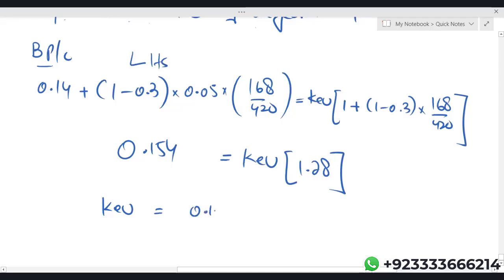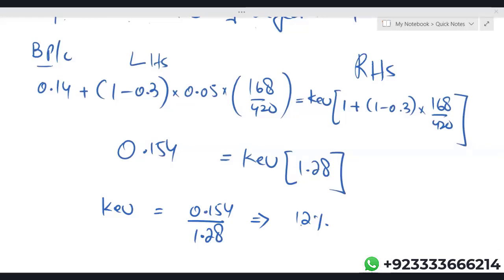Left hand side divided by right hand side, whatever comes, multiply by 100. 12.03, perfect. But it's my request, students, please do solve this right now on your calculator. Then we'll be solving on Excel, inshallah.